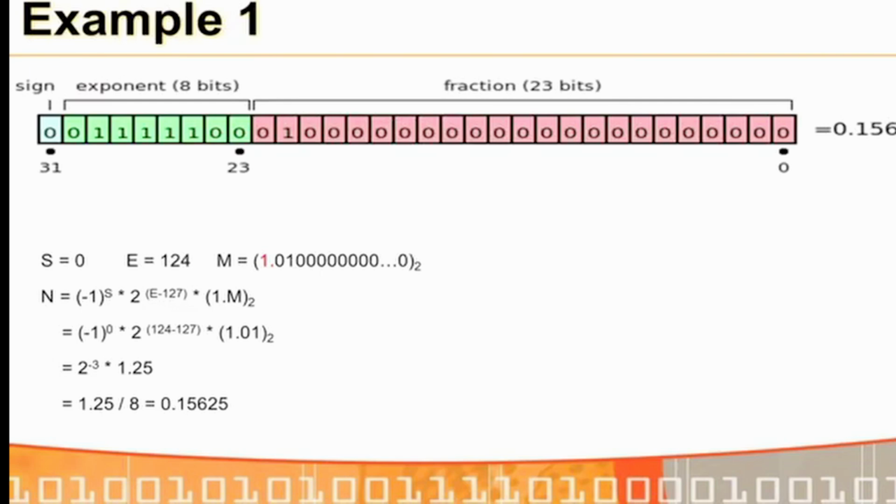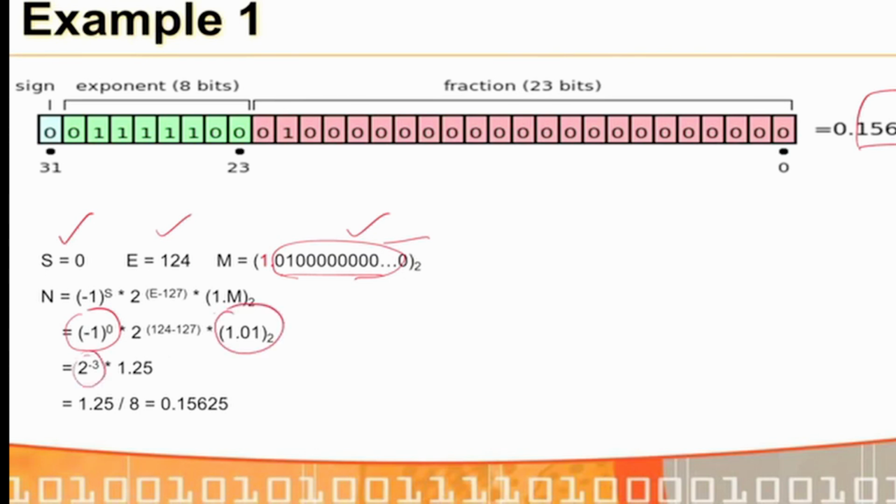So let us look at this. S is 0 here, E is 124 and M is 1 point whatever this whole thing. So when we convert this, it is 0.15625 as you see here. How do you convert this? Minus 1 power 0, into 2 power 124 minus 127, which is 2 power minus 3, into 1.01 whatever.